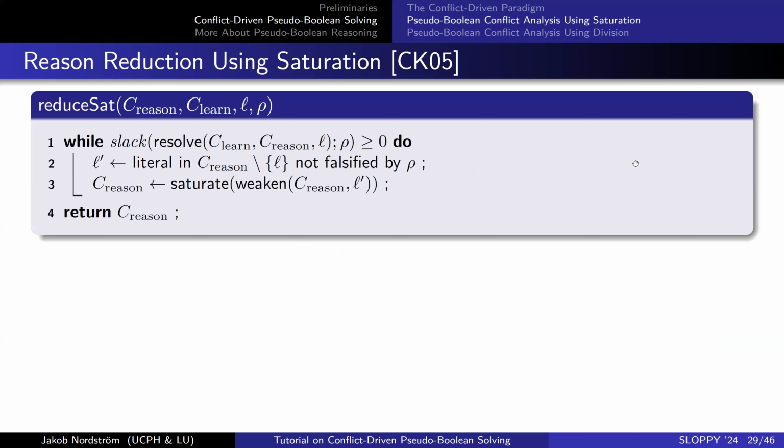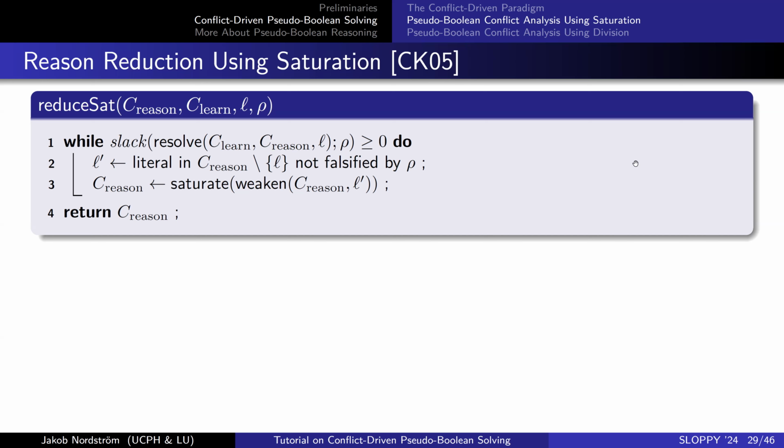What did we do? Well, we took the reason side constraint and we changed it. We weakened it and saturated it. We said, let's try to resolve the current reason with the learned constraint over the propagating literal and check the slack.